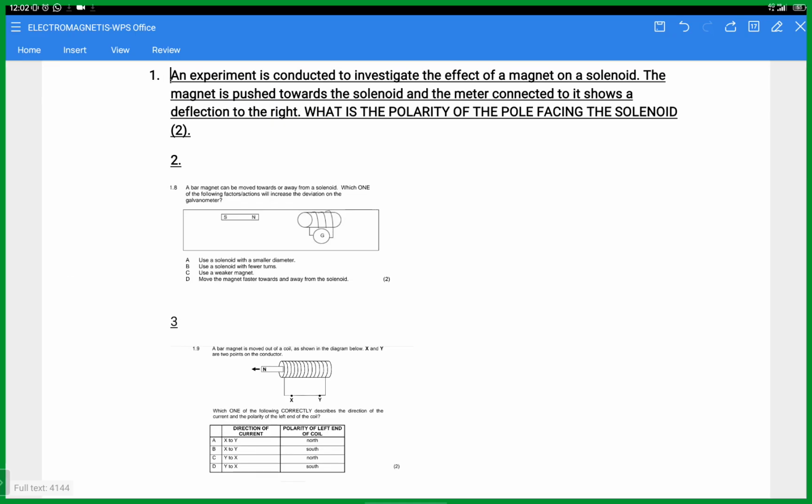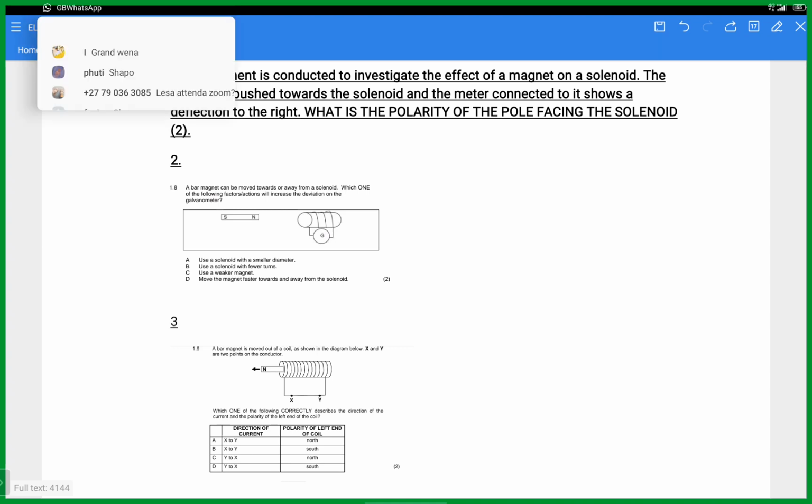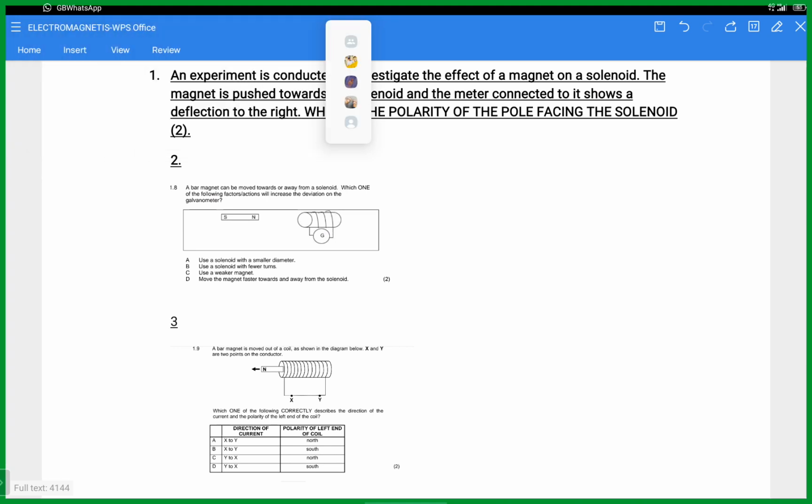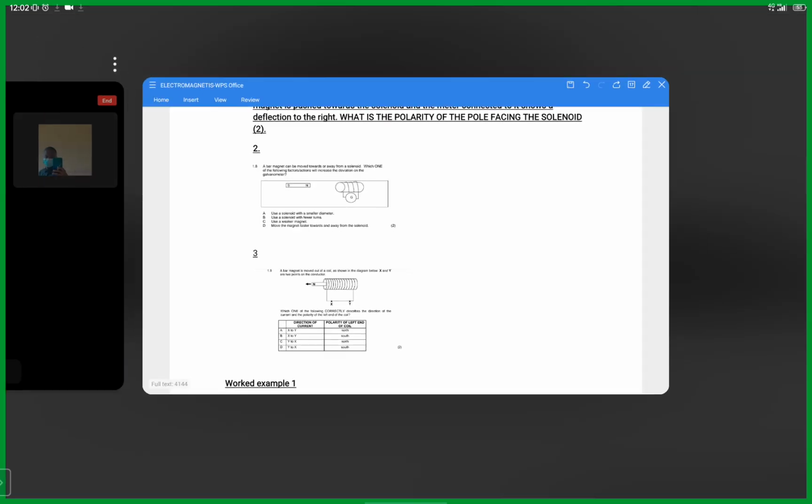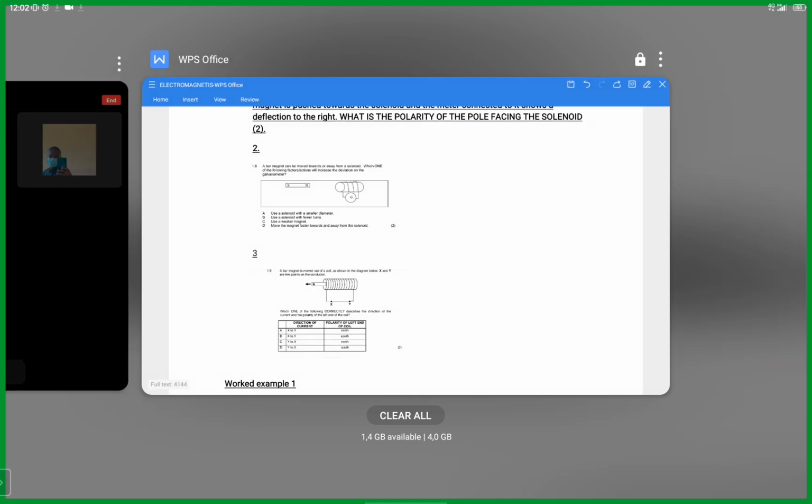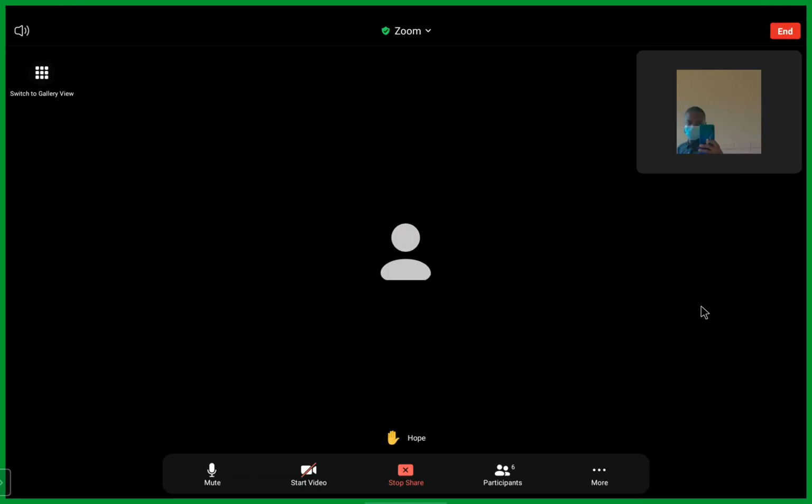Number one. What is the polarity of the pole facing the solenoid? I won't continue unless you are writing the answers in the chat, because this was part of your homework. So I'm trying to be sure if any of you have written what is the polarity of that pole.